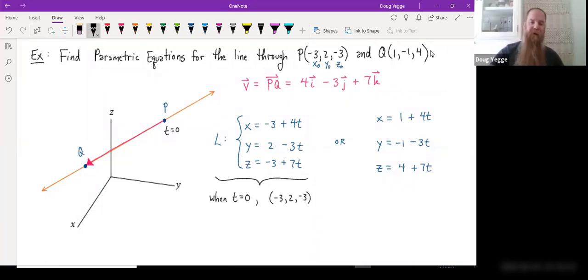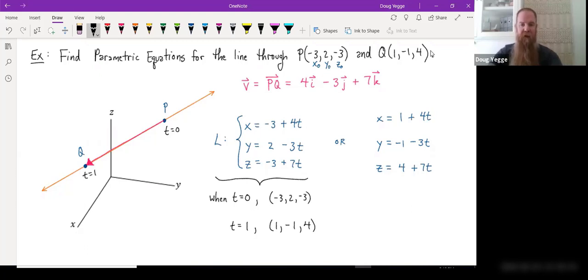As t gets bigger or smaller, what about when t is equal to, let's say, 1? If t is equal to 1, I can now plug in 1 for all of my t values. And if I do so, I get the point 1, negative 1, and 4. But look at what's cool. That's my point Q. So by the time I got to Q, that was when t was equal to 1.